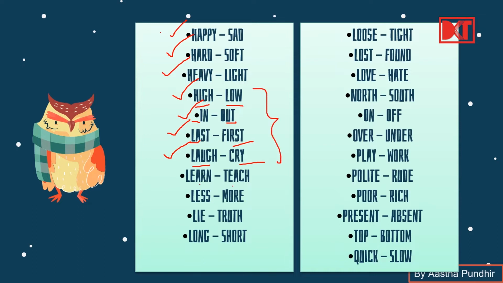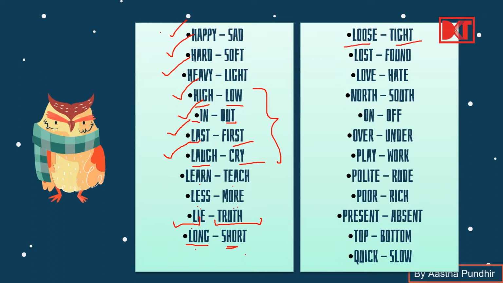Learn and teach, less and more, kam zyada, lie and truth. Remember I told you on the previous slide, false and true ho jayega, lie and truth. Long and short, lamba and chota.